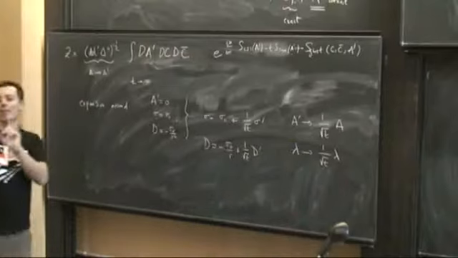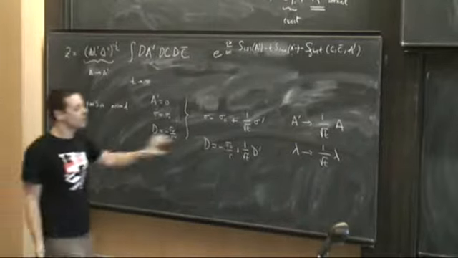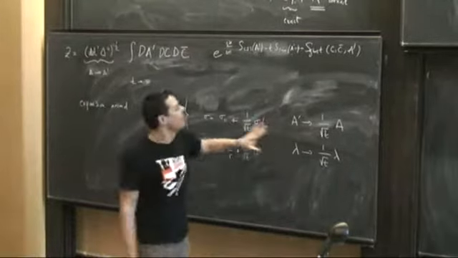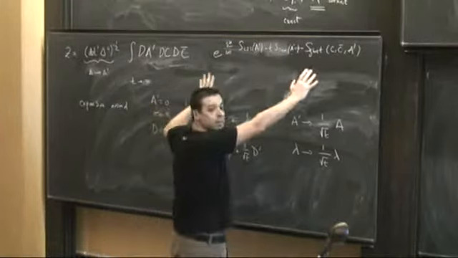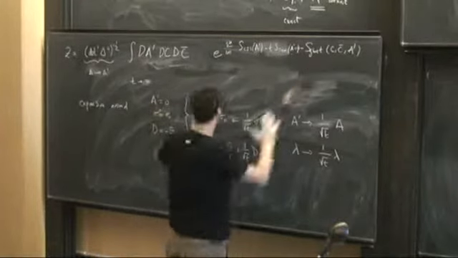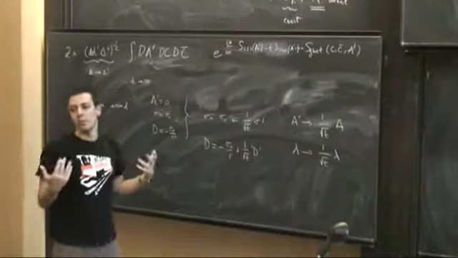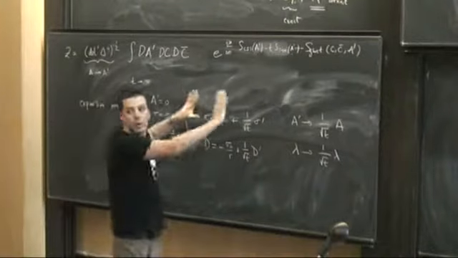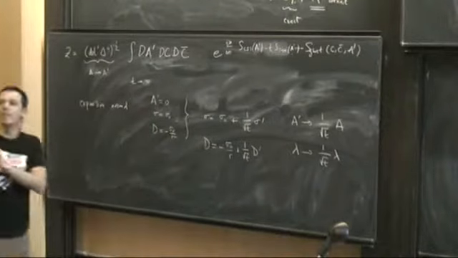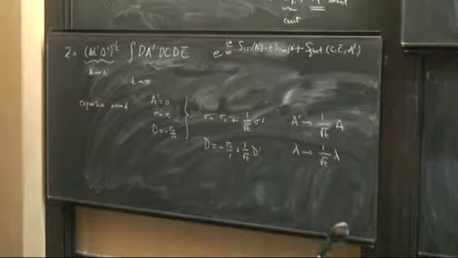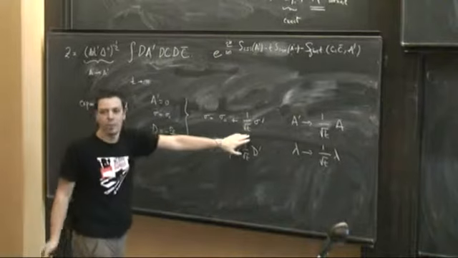Yeah, but this is only for the kinetic term. Now what you can see after doing this is that when you expand this functional around this configuration, the free part of the Lagrangian will be canonically normalized, and then every single interaction vertex will be suppressed by a factor of t.